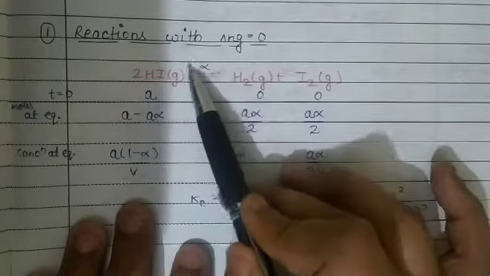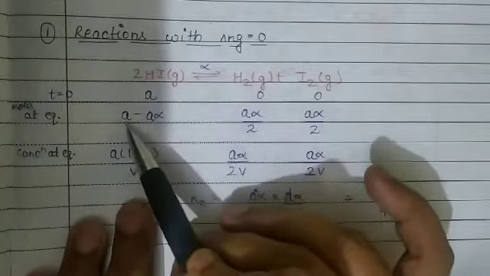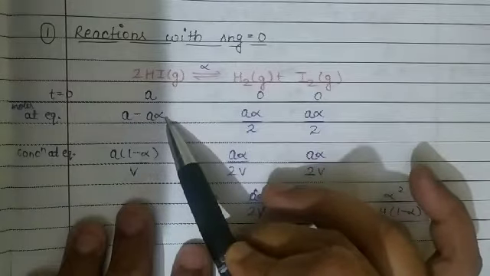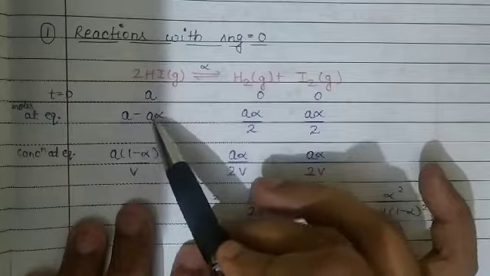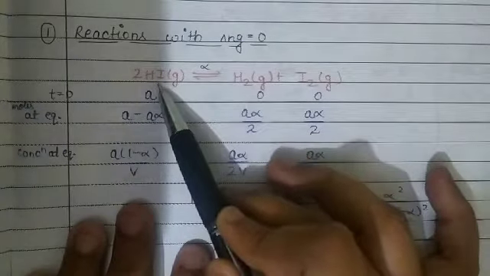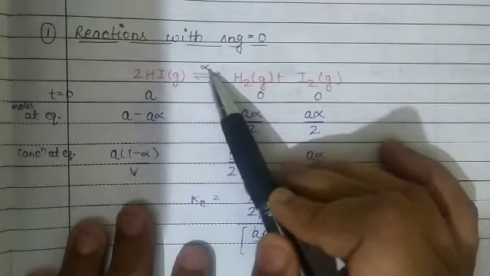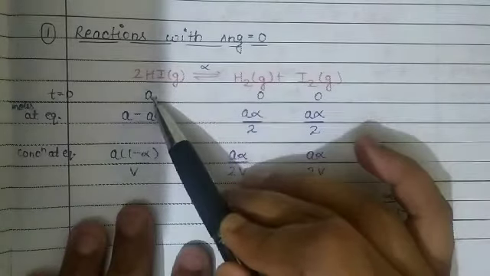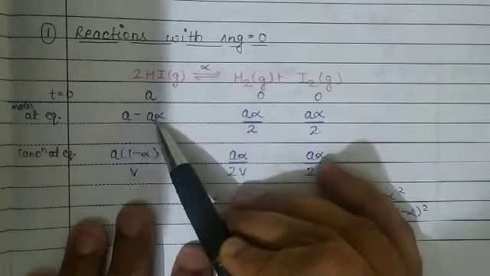As the degree of dissociation of HI is alpha, at equilibrium it will be A minus A alpha. Suppose 40% is dissociated, so alpha is 40%. It is dissociated 40% of its initial amount, so it is A alpha, and it will be A minus A alpha.